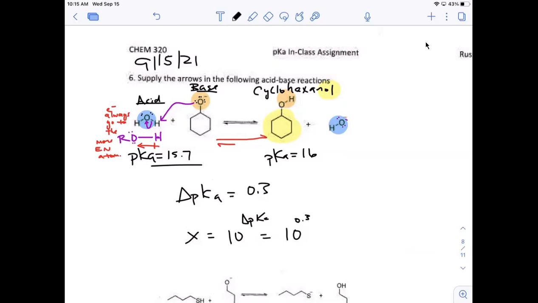So the reaction arrow going forward is going to be bigger because that reaction is favored, as opposed to going backwards. See the shorter arrows on the bottom pointing backwards? That's because going backwards is not favored. Okay. That's a great question.